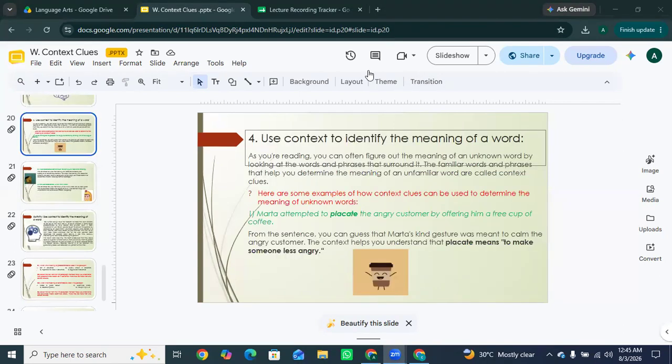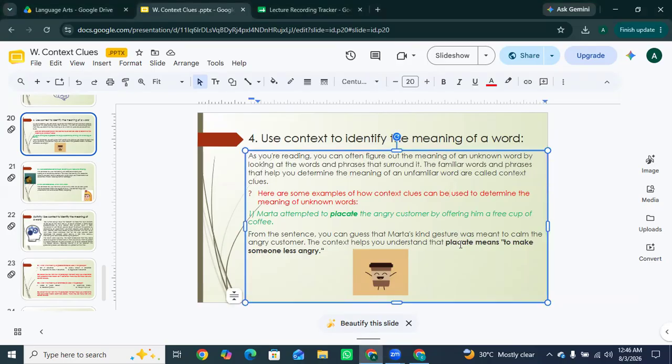Okay, use context to identify the meaning of a word. As you're reading, you can often figure out the meaning of an unknown word by looking at the words and phrases that surround it. The familiar words and phrases that help you determine the meaning of an unfamiliar word are called context clues. Here are some examples of how context clues can be used to determine the meaning of unknown words.